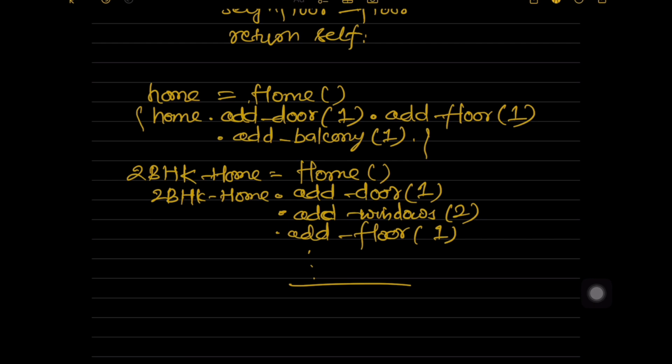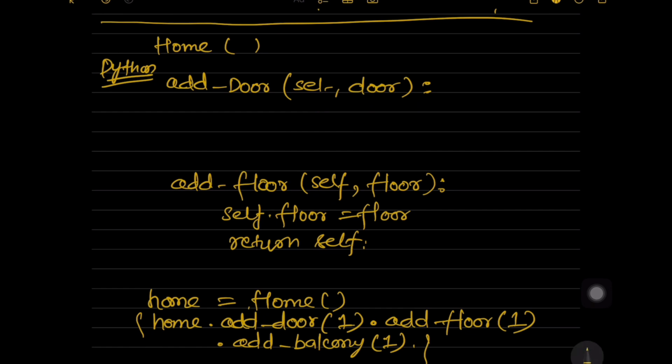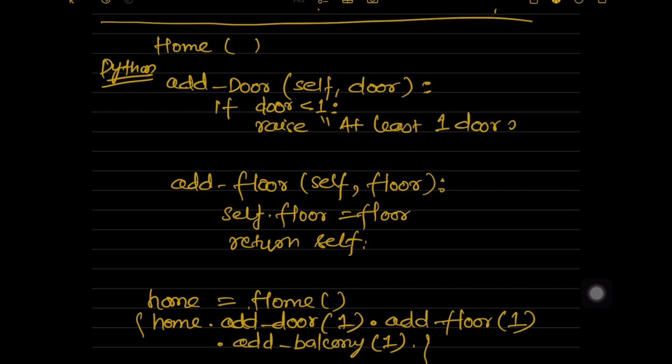And in each method, for example this add_door method, I can do the validation also, and each method will have its own validation. So if door is less than 1, then we can raise an exception here: raise at least one door required.